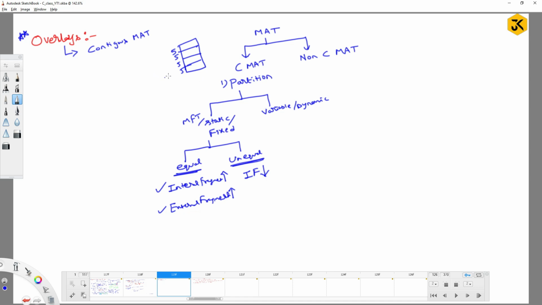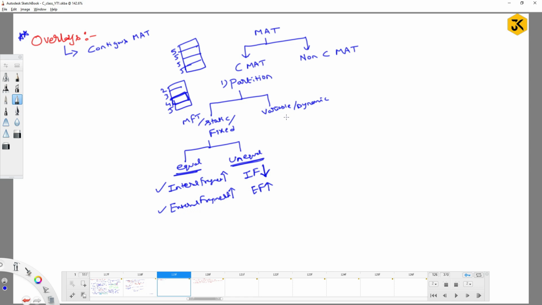In the unequal type, partitions of sizes 1, 2, 3, 4, 5, if I got a process of size 4, it can fit there. So internal fragmentation is reduced in unequal fixed partitioning, and external fragmentation might increase compared to equal partitioning. Am I right?